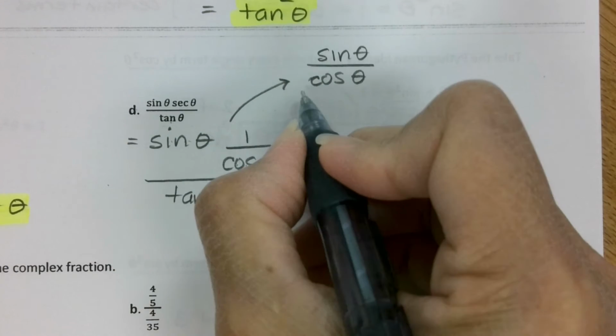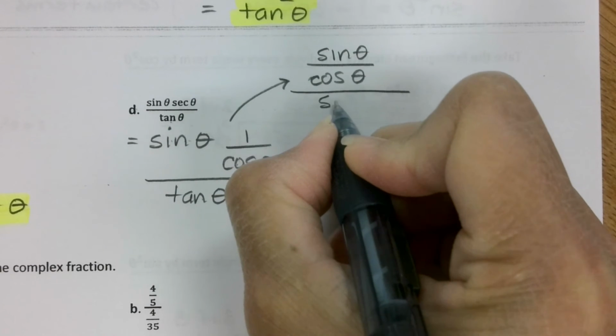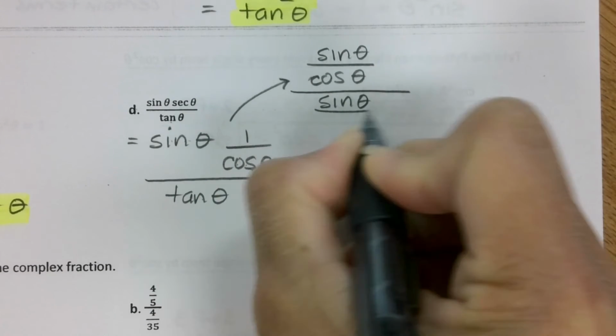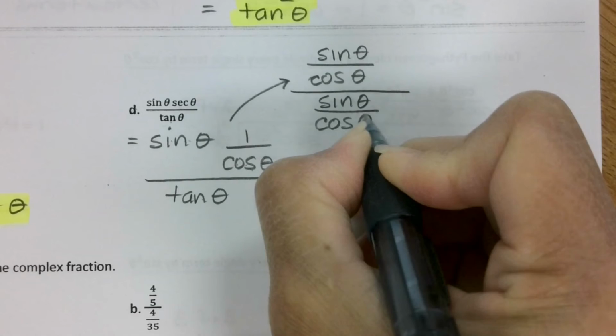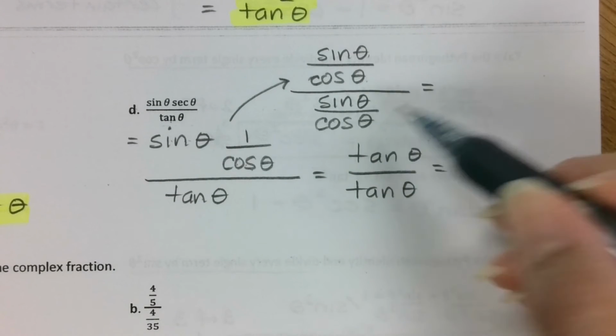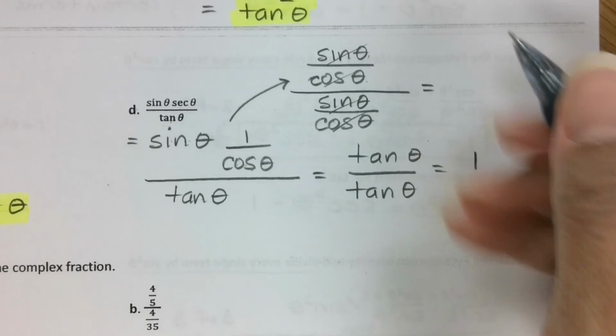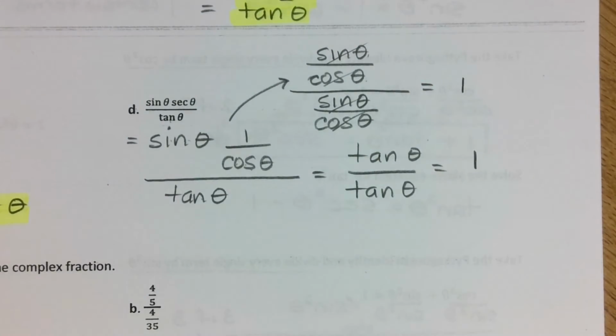Then I put this division sign, and this tangent is sine over cosine. Some people just want to break it all down, and they notice that these are identical to these, so it equals the constant 1.